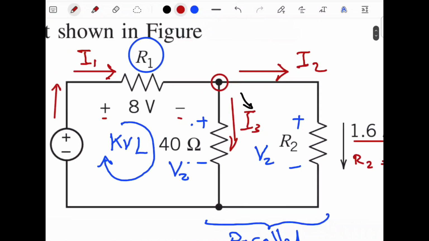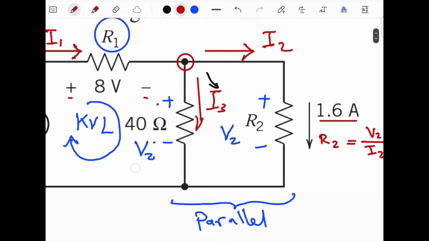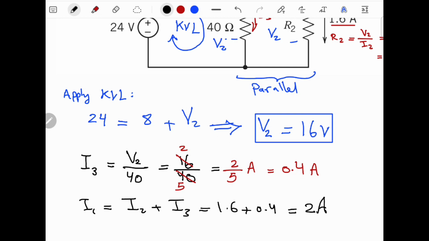Now we need to calculate R1. So we have I2, we have I3, then we can easily calculate I1. So we know that I1 is equal to I2 plus I3, which is 1.6 plus 0.4, which is equal to 2 amp.